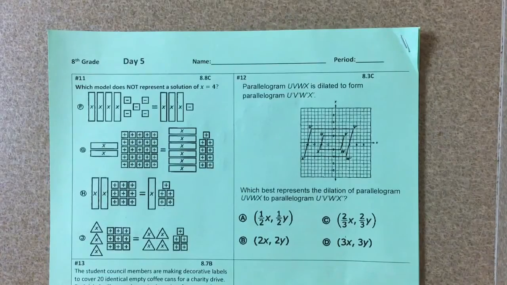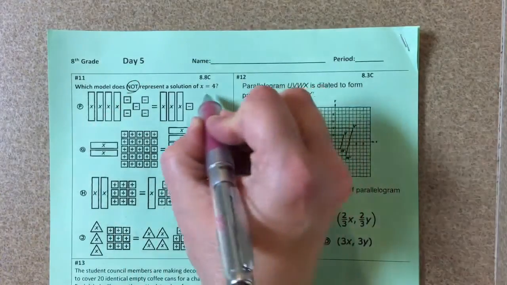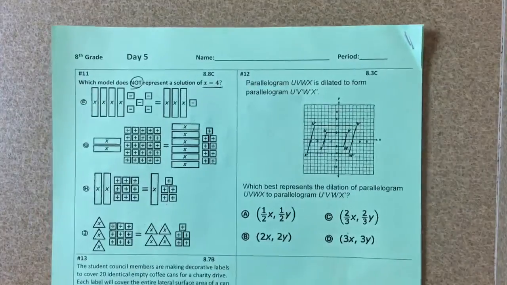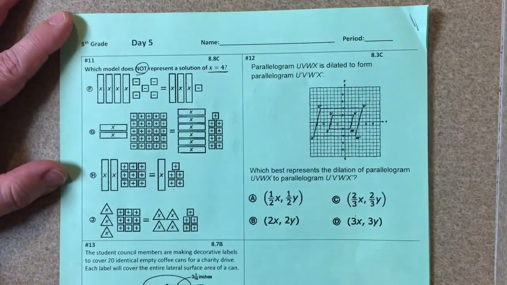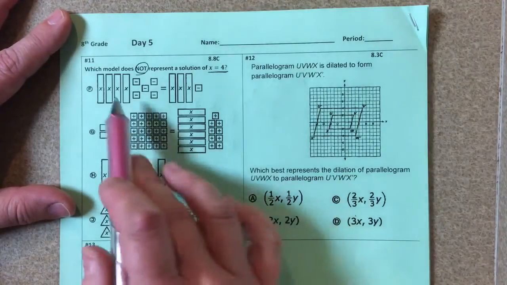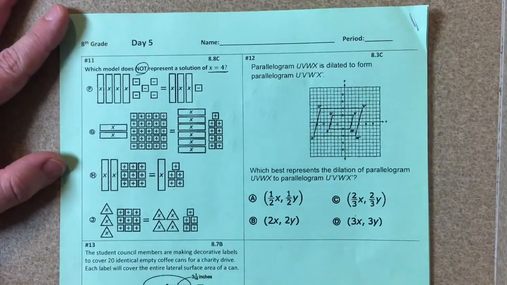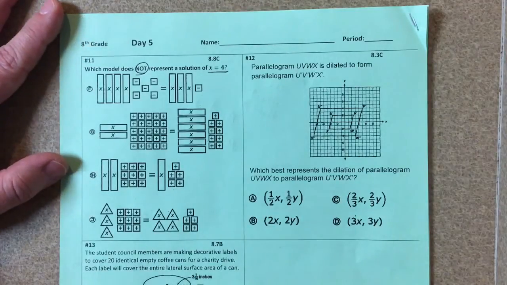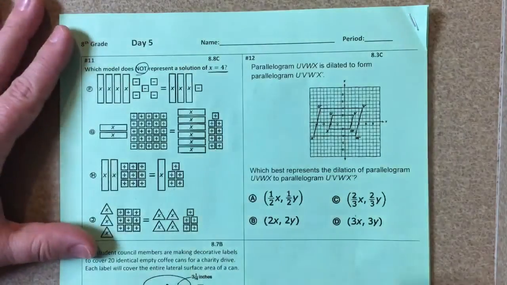All right, day 5, question 11. Which model does not represent a solution of 4? So x is equal to a positive 4. Normally with these model questions, I would just use them to write the equation, but these actually do kind of help to have the models because if you have the same thing on different sides, you can just subtract them away.